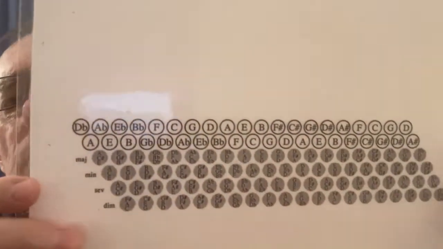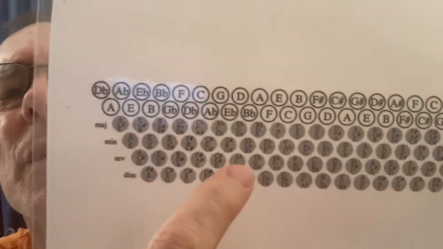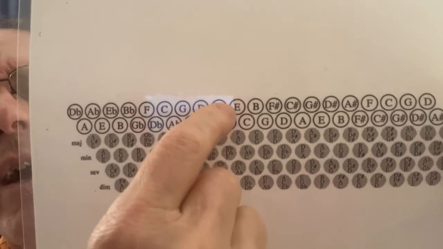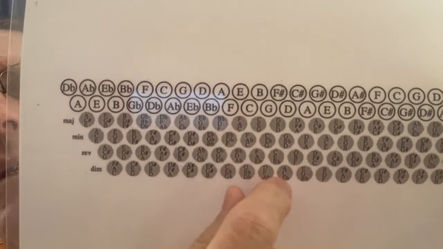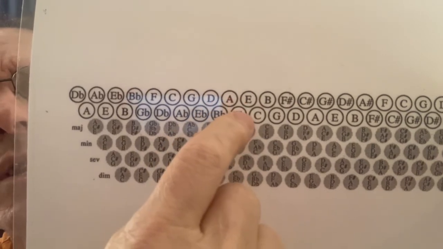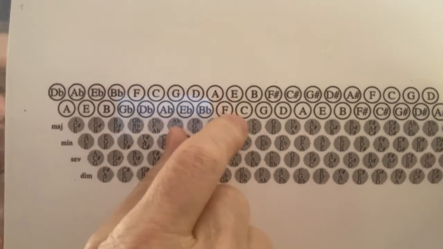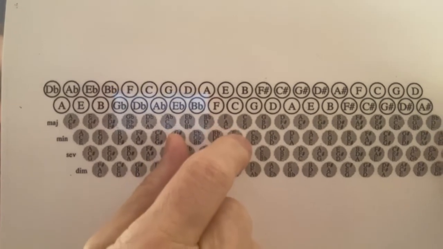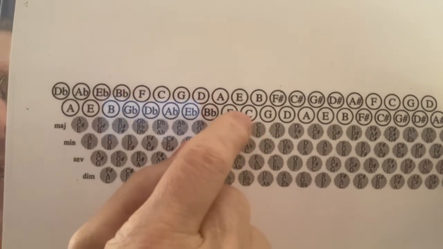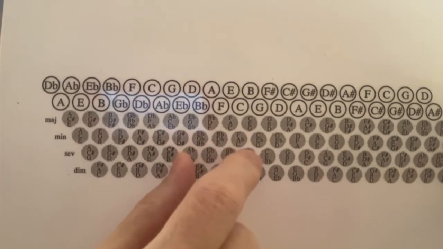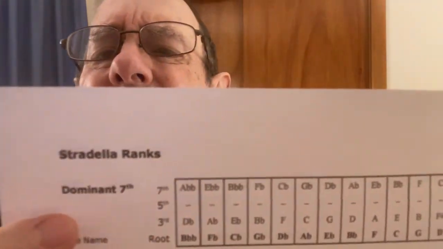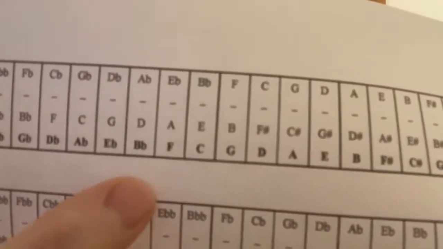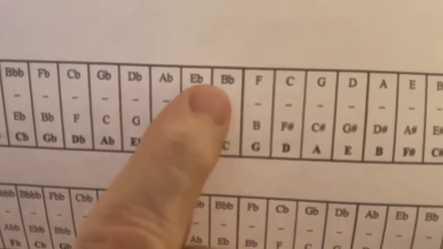So, on the traditional chart, if you have a C file here, they give you the counterbass, they give you the C, that's your root, and then your major chord and minor chord is based precisely on the C root. Your seventh chord is, as I mentioned repeatedly, the seventh chord is on that C file. The fifth is missing. I talked about that.